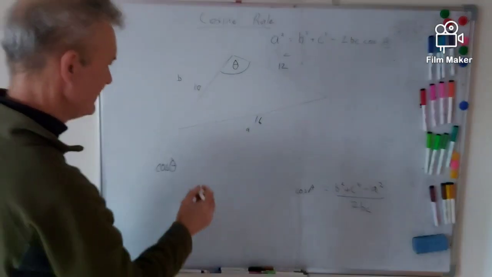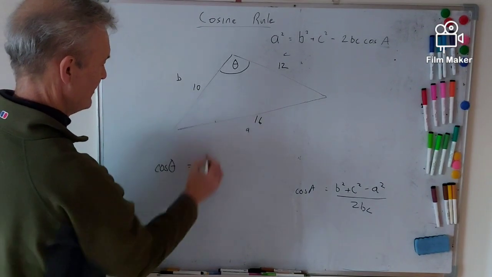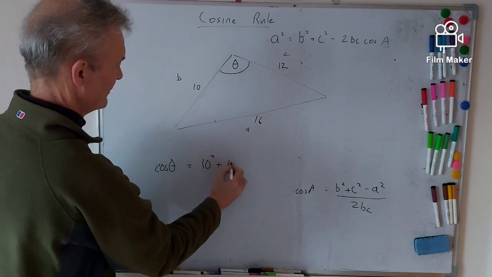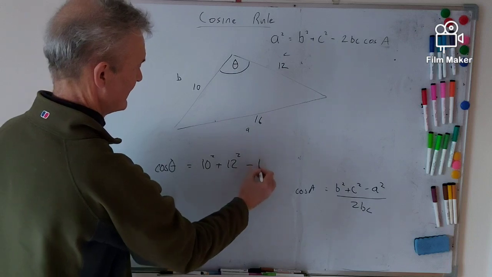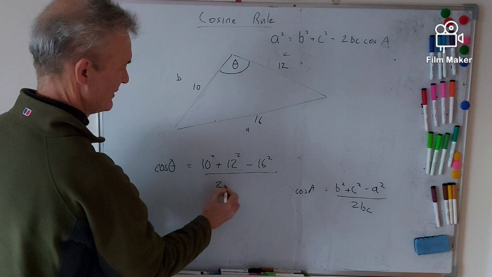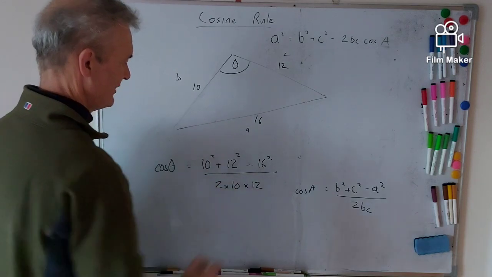Bearing that in mind, let's put in our information. I'm going to call this one B, so that's 10 squared plus 12 squared minus 16 squared, divided by 2 times 10 times 12.